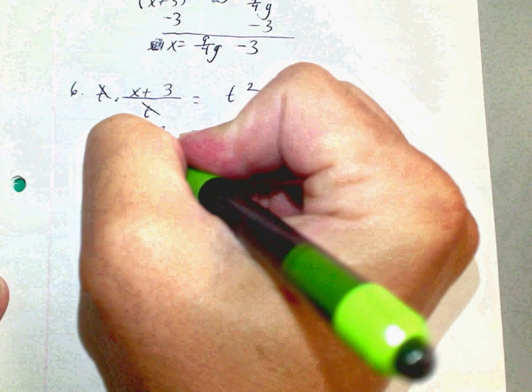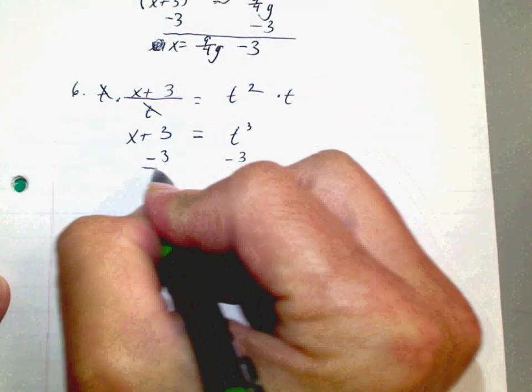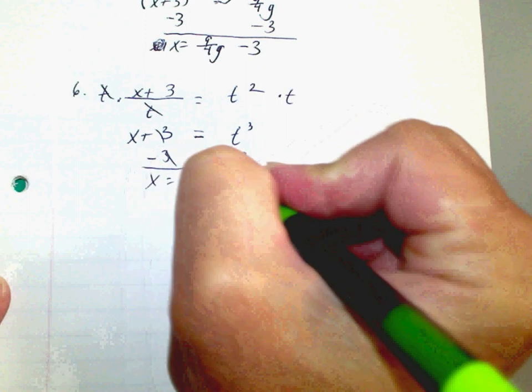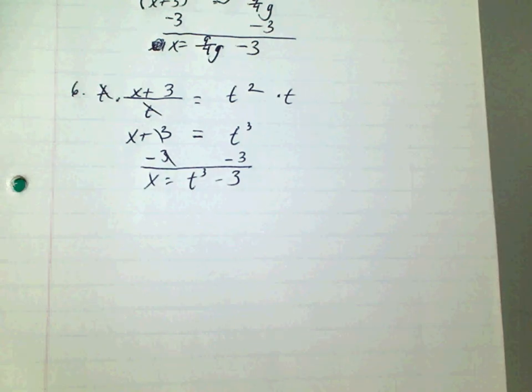Then we'd subtract the 3. X would equal t to the 3rd minus 3. You'd want to study those things. Those are good quiz questions. I don't remember, I can look back at my quiz. I know a quiz is already created. I always like to find good ones that require you to practice a little bit.